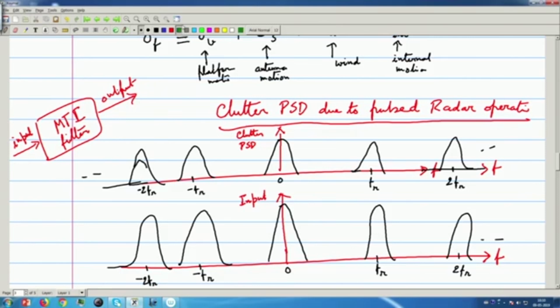Suppose I use this color, let us say there is a target here, there is another target here, let us say these 3 targets are there, and other places will be something like this.